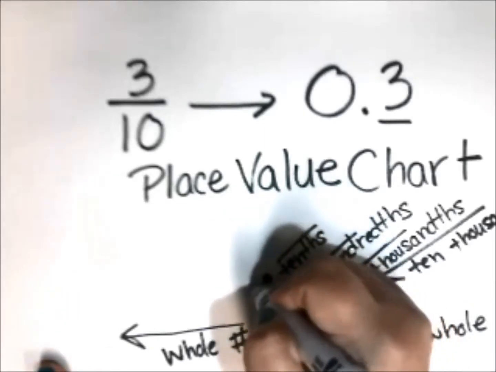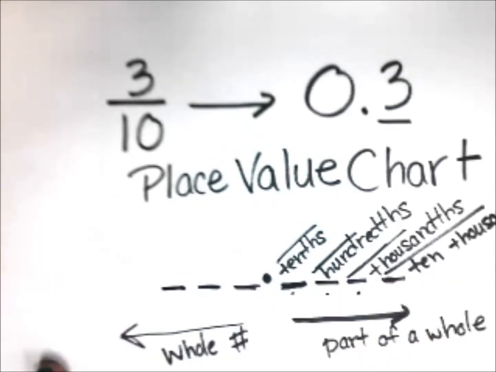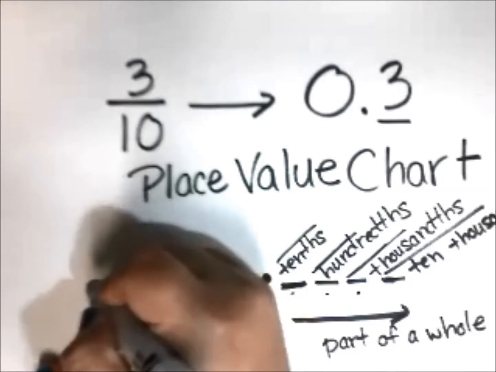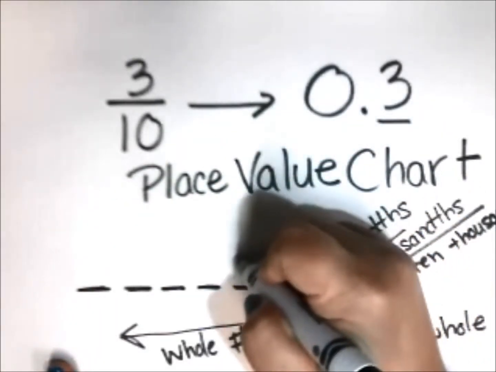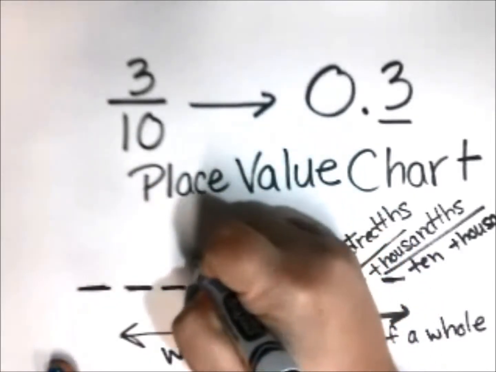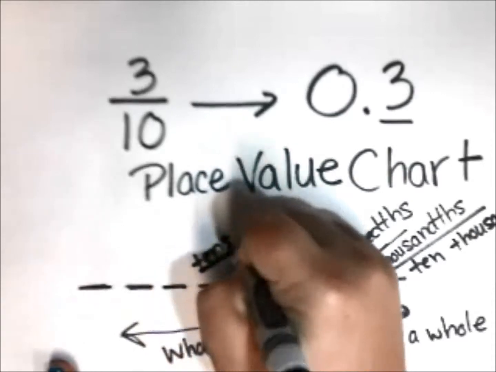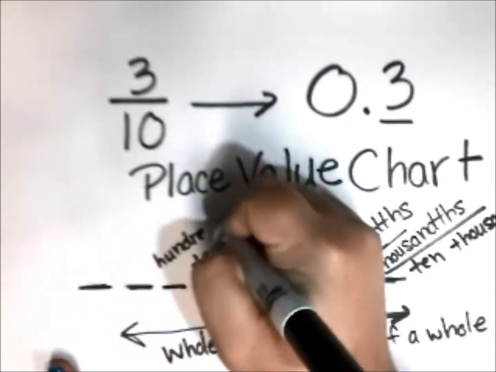Now on this side, we've been dealing with whole numbers more as students than we have parts of whole numbers. So this here is our ones place. And this is our tens place. And this is our hundreds place.